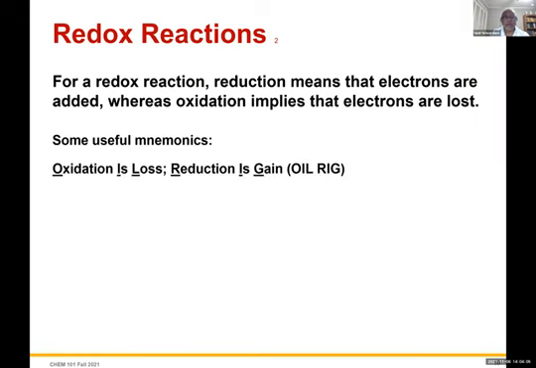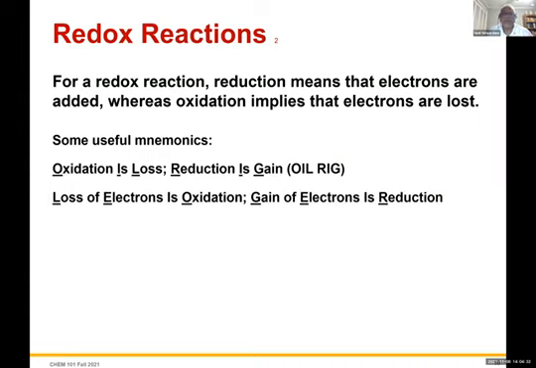Oxidation is loss, OIL. Reduction is gain, RIG. OIL RIG summarizes it: oxidation is losing, reduction is gaining electrons. So that way you can remember.